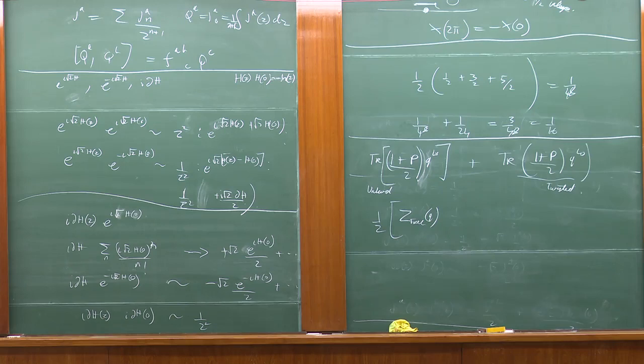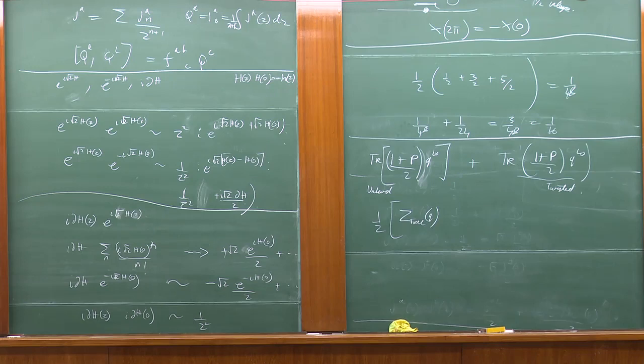Now you remember how P acts. P is the operator that implements x goes to minus x. So in particular in momentum it takes p to minus p. So here only p equals 0 contributes. Moreover, what does it do for the oscillators?